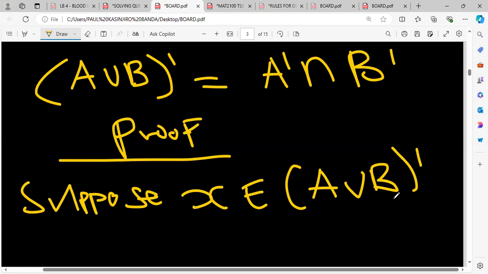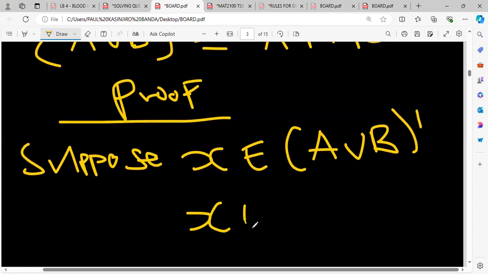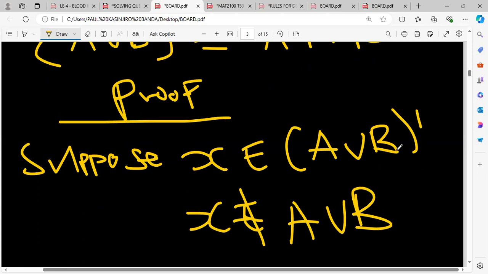So we're going to use the same logic in set theory now. If X is a member of (A union B) complement, then it means this same X is not a member of A union B, because this X is in the complement. So in the actual set, it's not there. If I confuse you, just let me know. So if X is a member of (A union B) complement, then X is not a member of A union B.